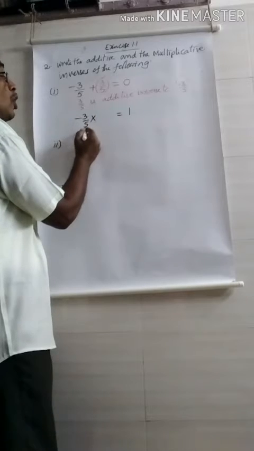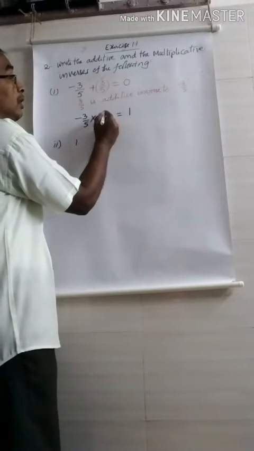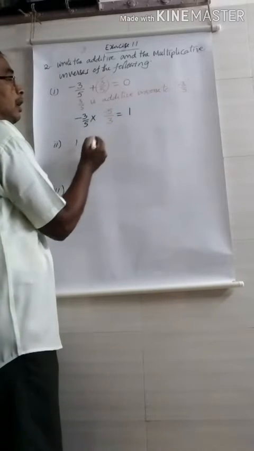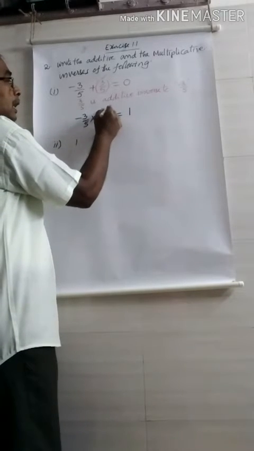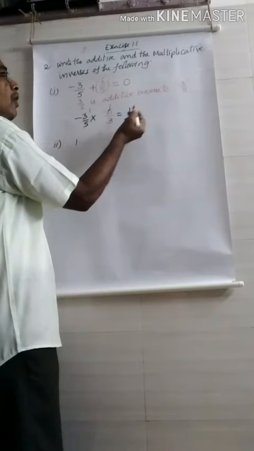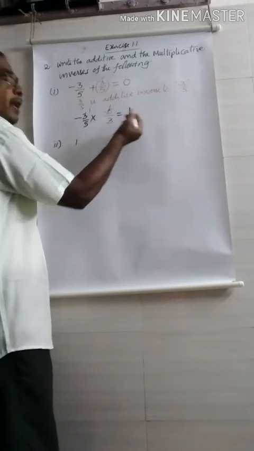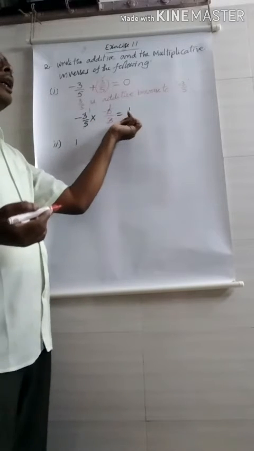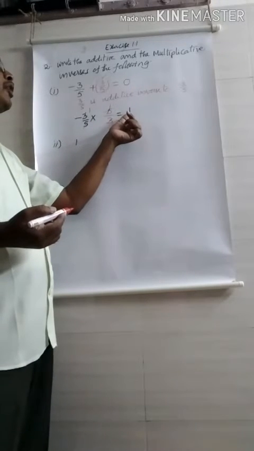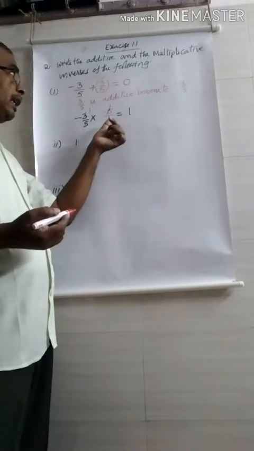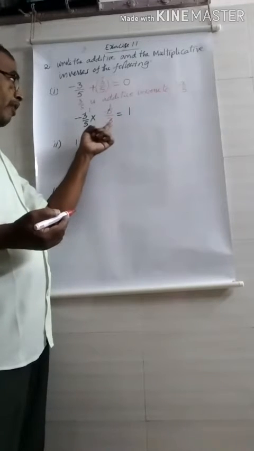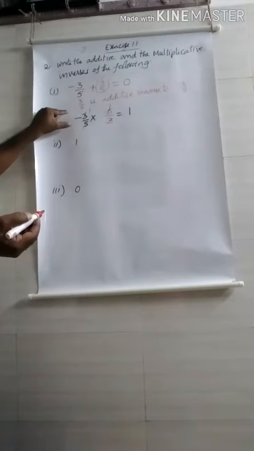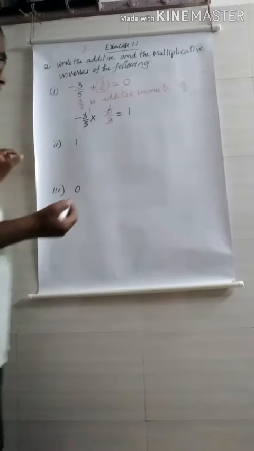What is the reciprocal of -3/5? That is -5/3. 5 ones, 3 ones. 1 into 1, 1. -1 into -1, +1. That means when we get 1 in multiplication, the written number -5/3 is the multiplicative inverse of the given rational -3/5.